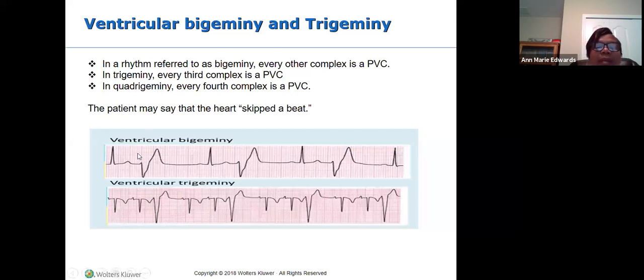Let's look at bigeminy. We said every other complex is a PVC. A complex is your PQRS, right? So here you have one complex and a PVC, a normal complex and a PVC, a normal complex and a PVC. So every other one is a PVC.